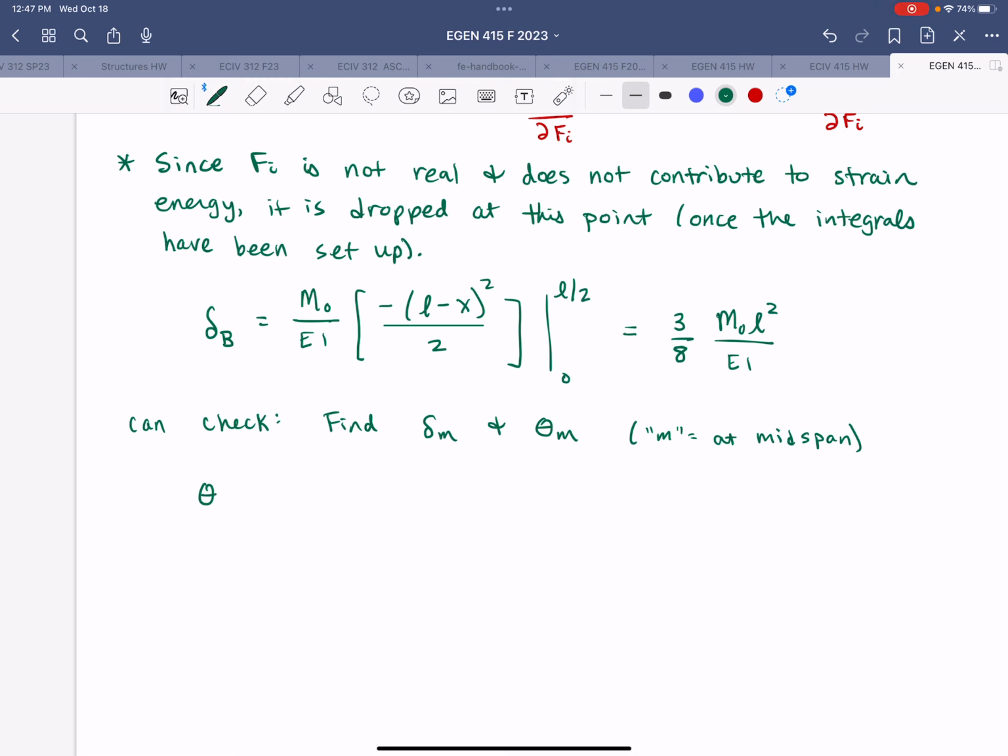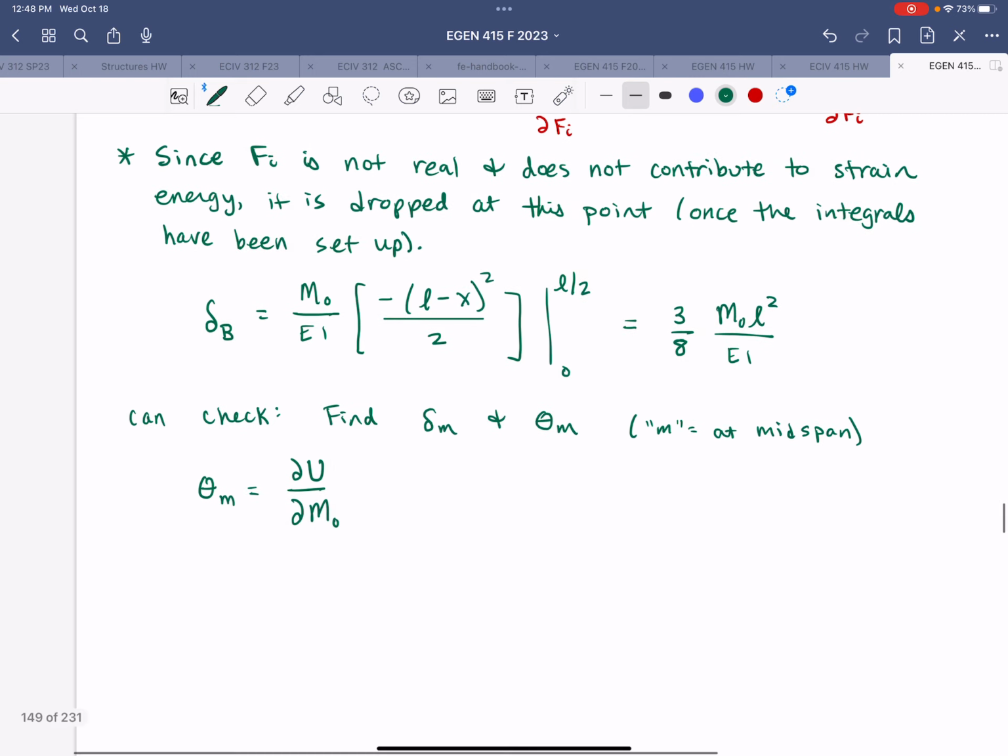So the slope at midspan would be the partial derivative of strain energy with respect to the applied moment, m naught. Since there is an applied moment there, we don't have to add a fake one. We'll just use the applied one. So that's 1 over EI times the integral from 0 to L over 2 of the moment in region 1 times the partial derivative of that moment with respect to m naught.